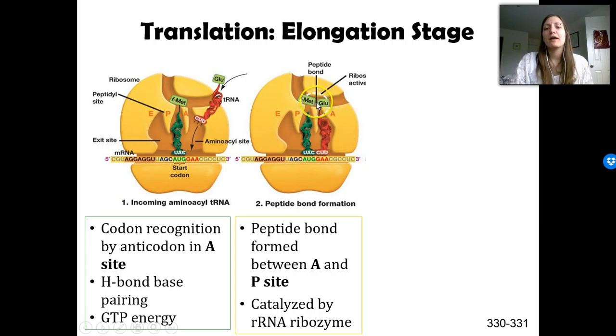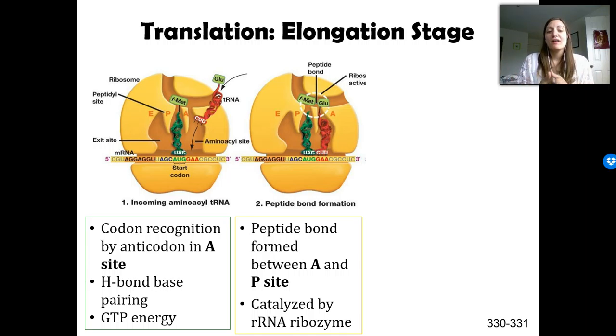Here's this peptide bond forming between the amino acid here in the A site and the amino acid here in the P site. In this case, we're still talking about the beginning of our creation of proteins, so it's just fMet. This should also tell you that we're looking at bacteria right now because there's that fMet. If this was a eukaryote, it would just be regular Met or regular methionine.